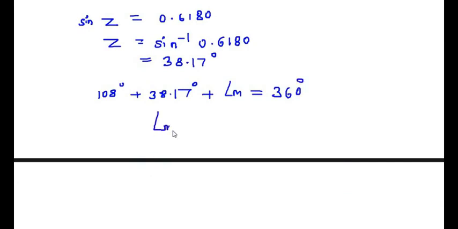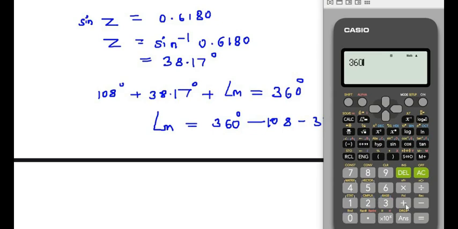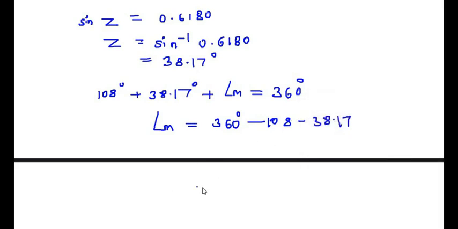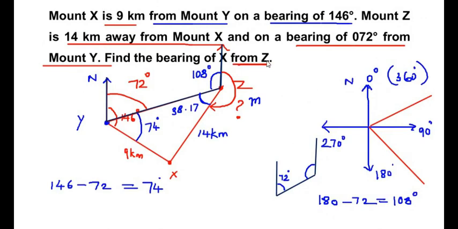So angle M is going to be equal to 360 degrees minus 108 degrees minus 38.17. So let's see how much we get. 360 minus 108 minus 38.17. So we have it here as 213.83. So here the answer is 213.83 degrees. So this is the angle or the bearing of X from Z.